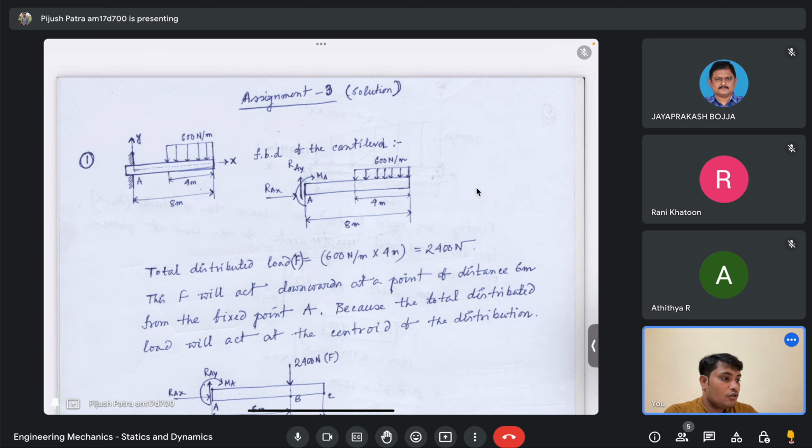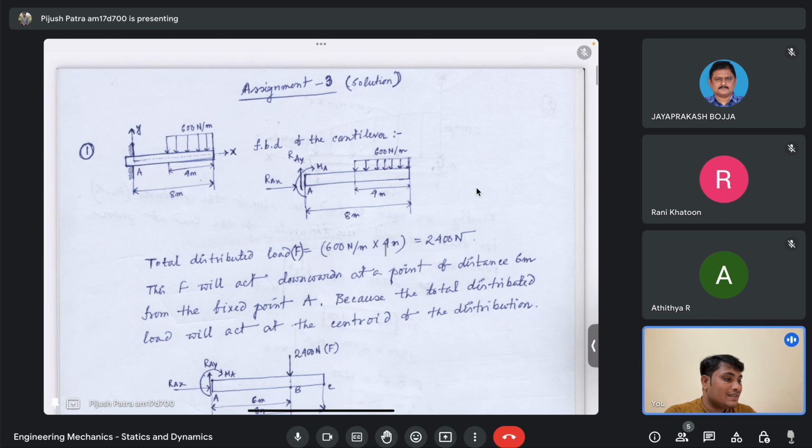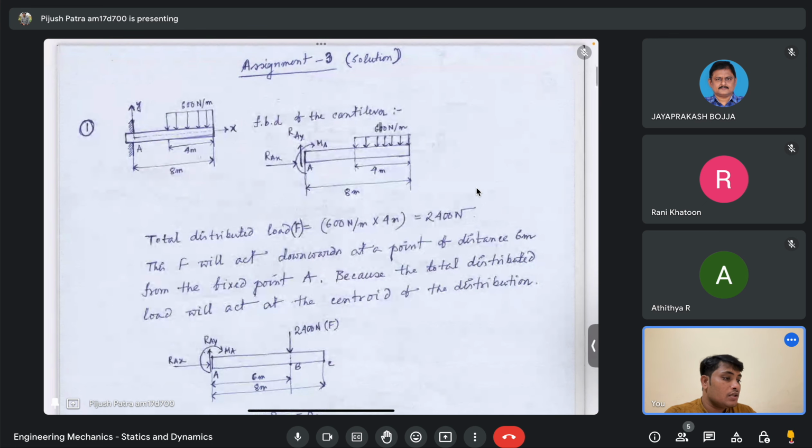So the force due to the uniformly distributed load will act somewhere here, which is 2 meter from the end of the beam. And if it is 2 meter from the end of the beam, then from the built-in end it will be 6 meter, right?